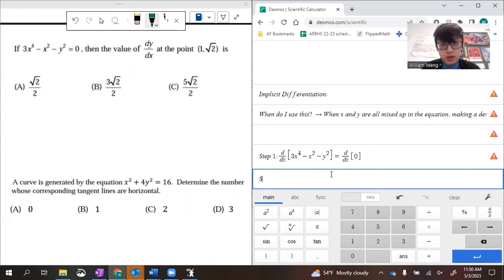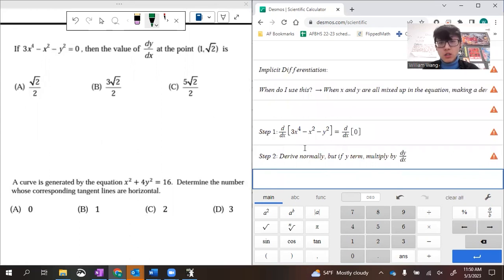All right. Step two, you should have this in your notes: derive normally, but if it's a y term, multiply by dy over dx. So let's derive normally.